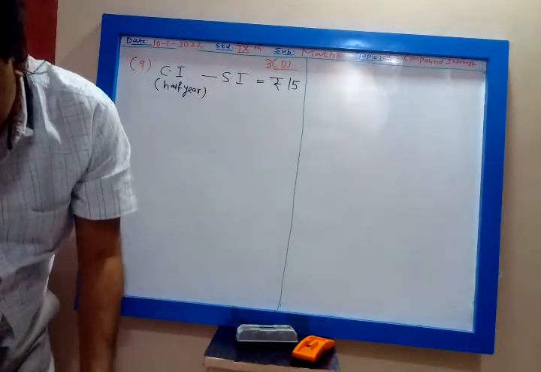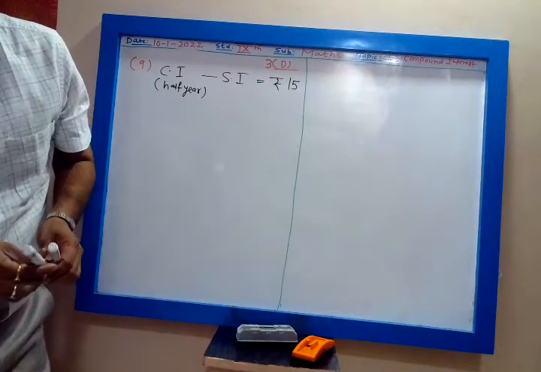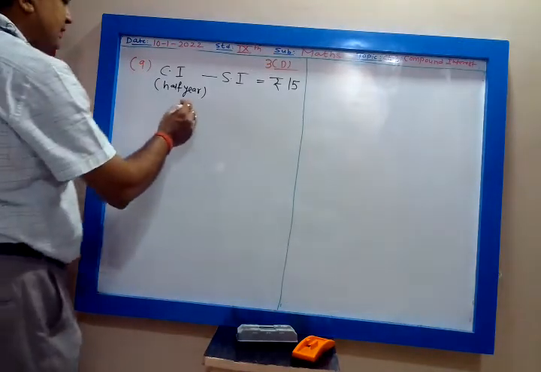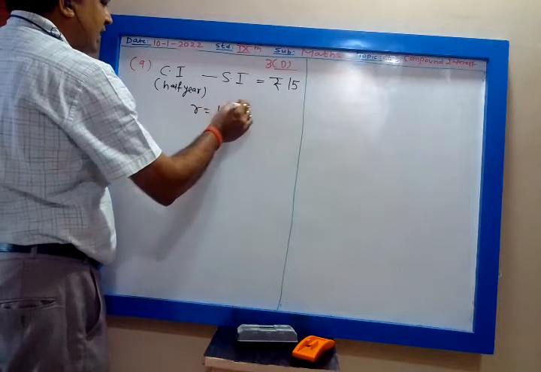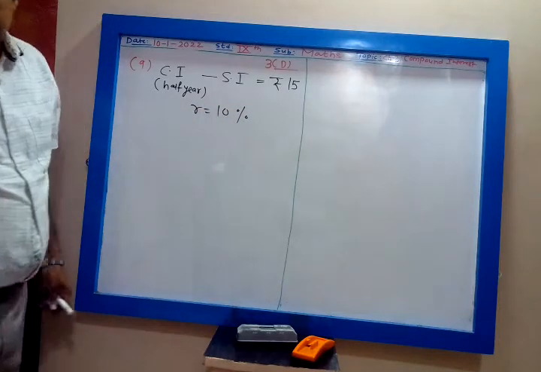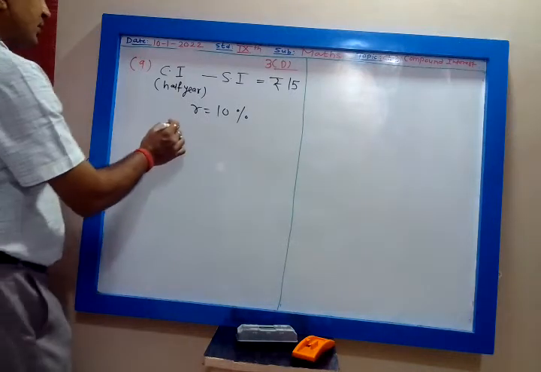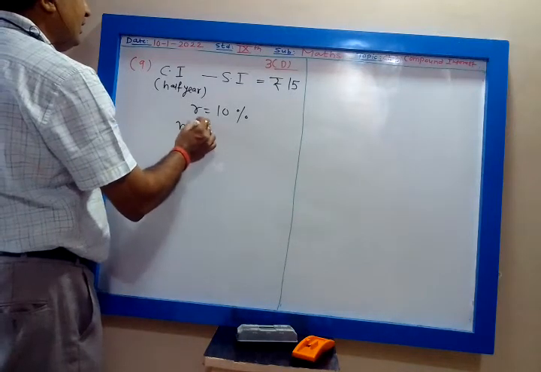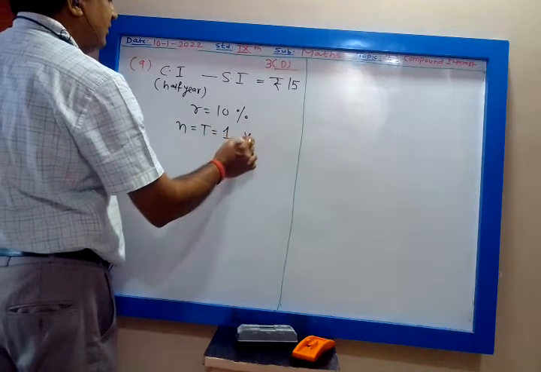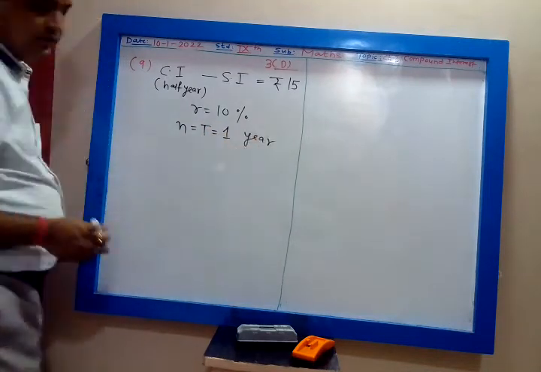The rate of interest R is 10% for a year. The duration n or T is 1 year.